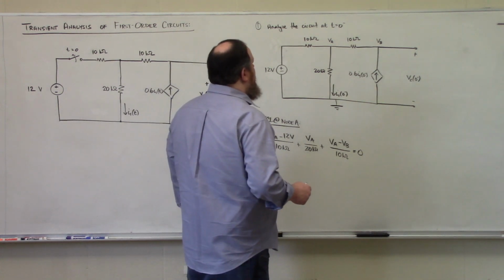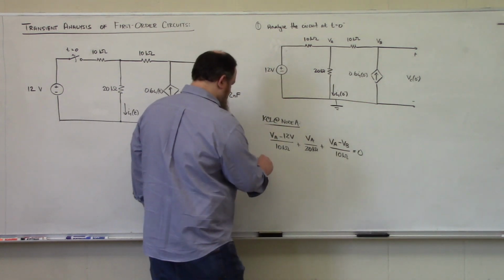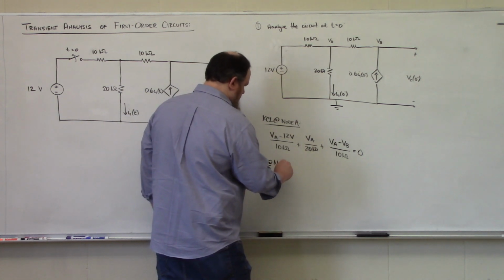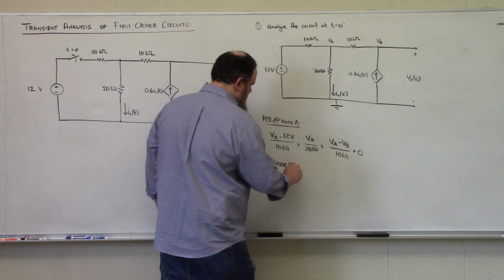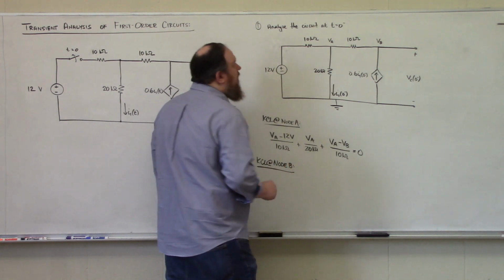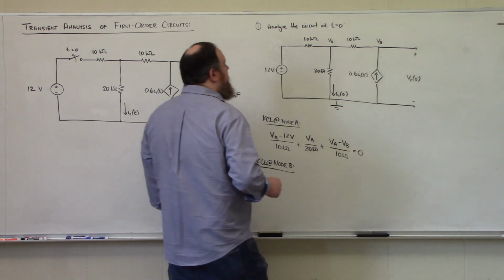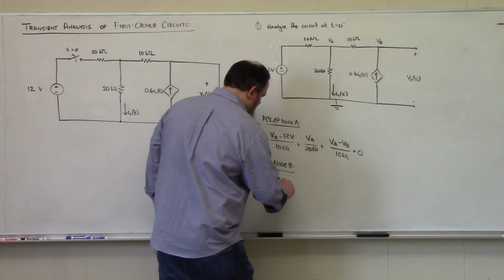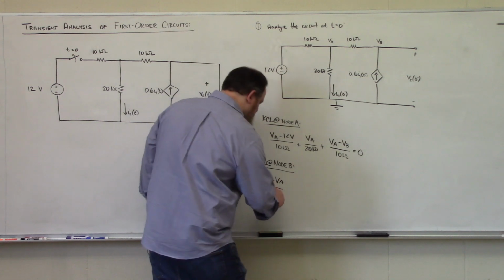If I do KCL at node B, I'm going to have VB minus VA over 10 kilo ohms.